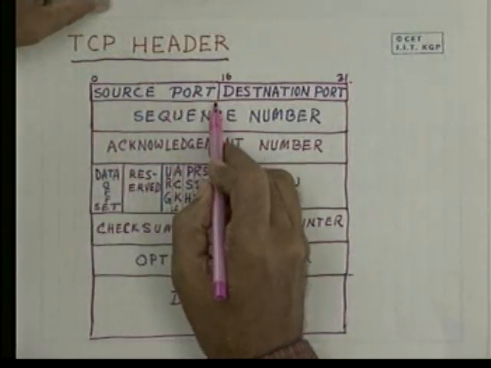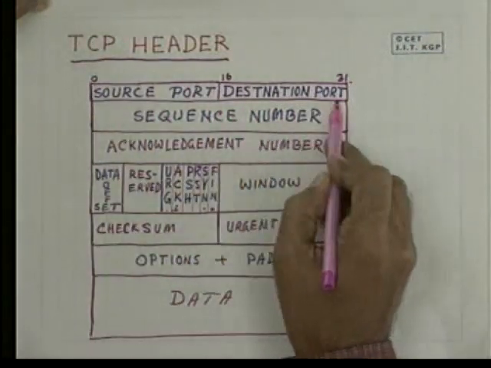Here we have seen the source port and destination port numbers. The function of the source port and destination port numbers is the same as in UDP. So here also TCP can do multiplexing and demultiplexing and can establish communication between two application programs with the help of these source port and destination port numbers.